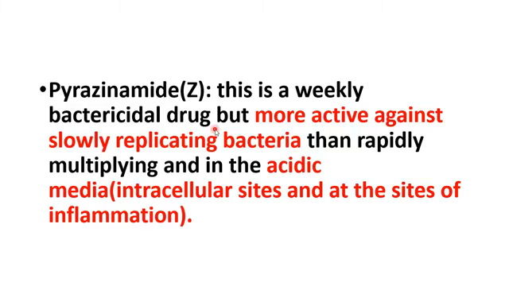Isoniazid is active against rapidly multiplying bacteria, but pyrazinamide is active against slowly replicating bacteria, and it is effective only in acidic media. That is, it is only effective against intracellular mycobacterium. It is not effective against extracellular mycobacterium, and wherever there is acidic media, it is very effective. At the site of inflammation there will be acidic media, so it is effective at sites of inflammation.